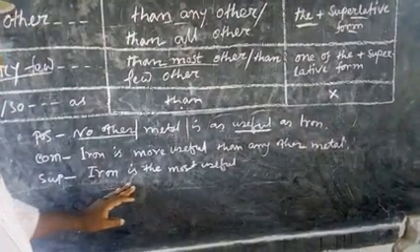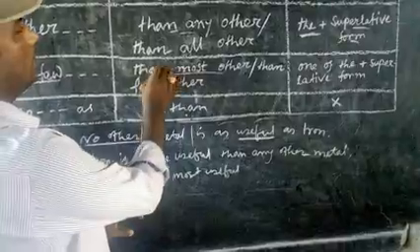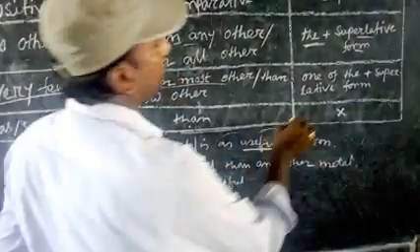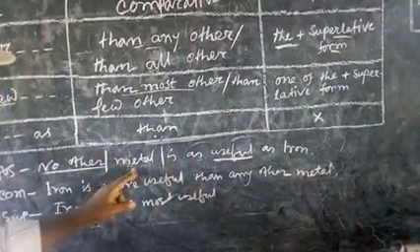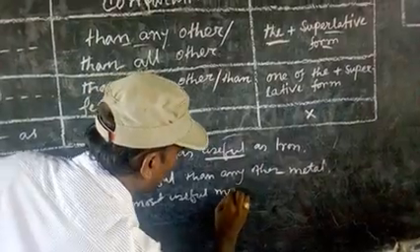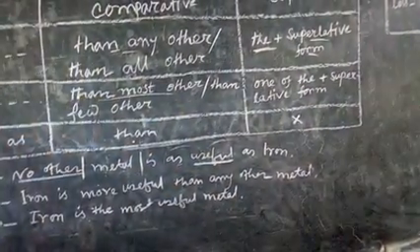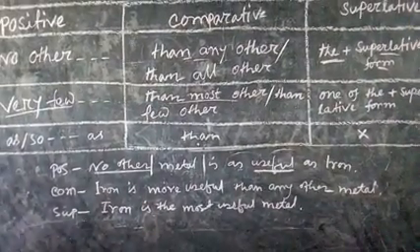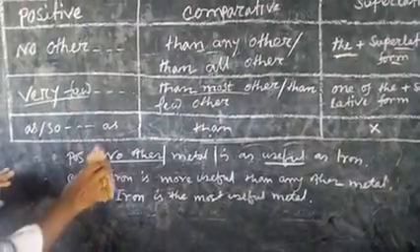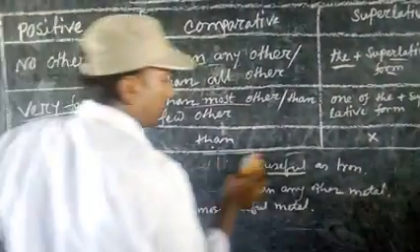Iron is the most useful, and after no other, before the verb, metal. Iron is the most useful metal. Okay, dear students, I hope all of you understand this.